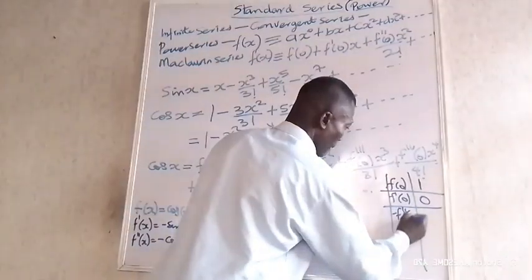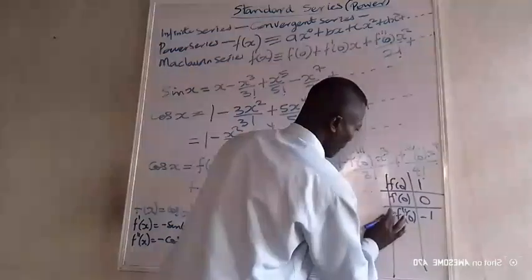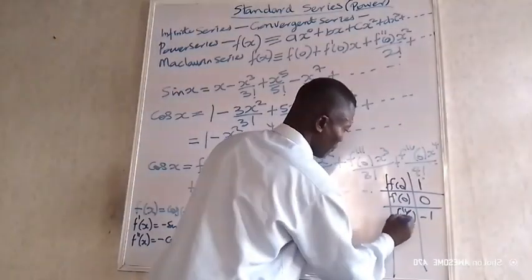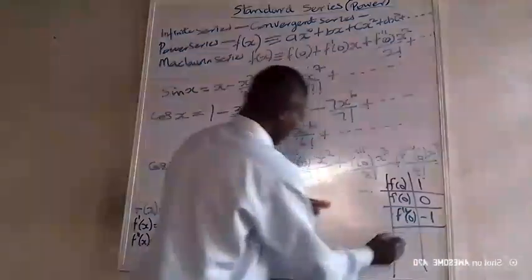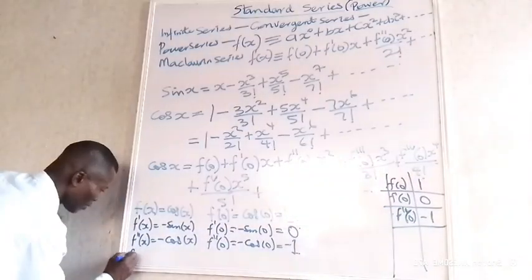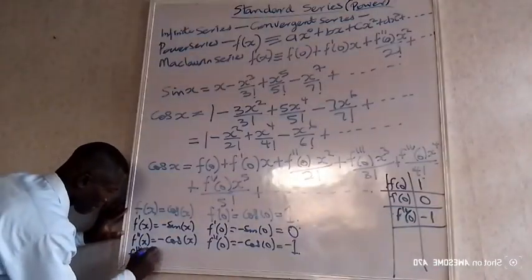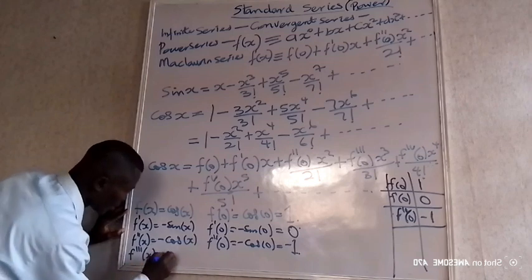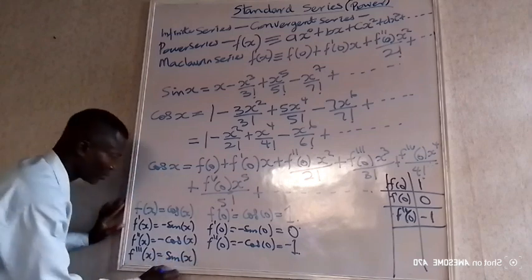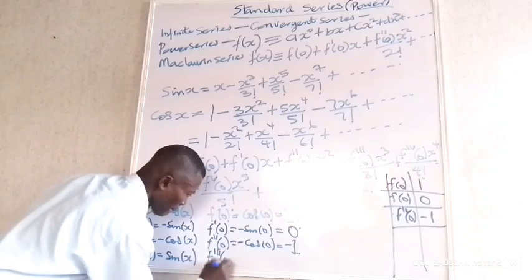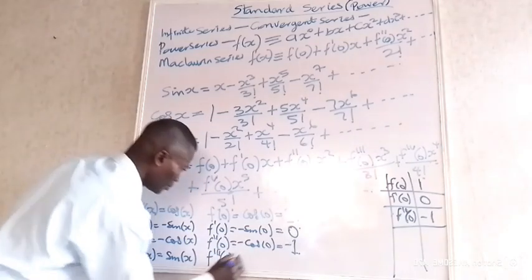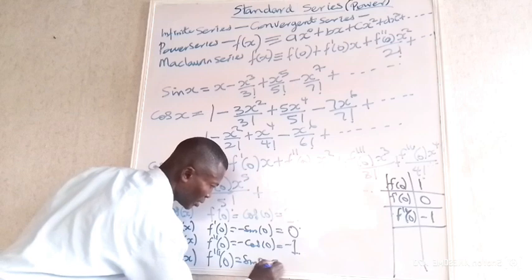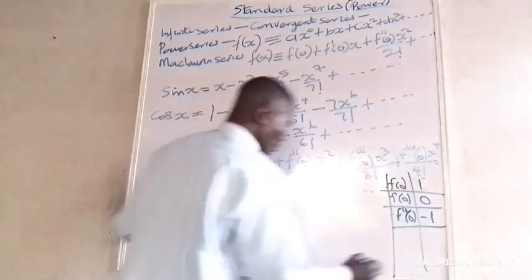So you can see, I have f is minus 1. Now, the third differential will be sine x, so f3(0) will be sine 0, which is equal to 0. So, I have it here.